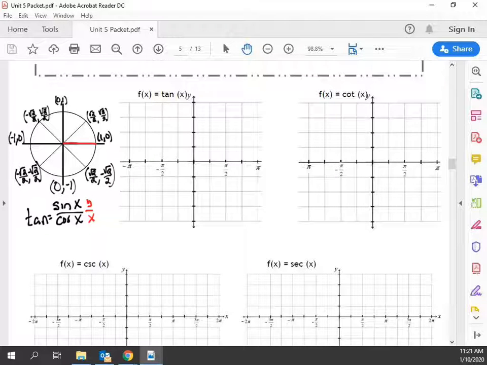So now we look at this and say, okay, where does x equal 0? Where does x equal 0 as we're going around the unit circle, guys? Pi over 2, and where else? Yep. Pi over 2. So here, well, I should make it in red.